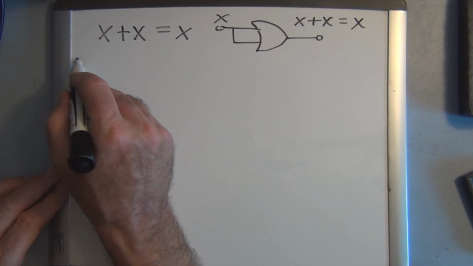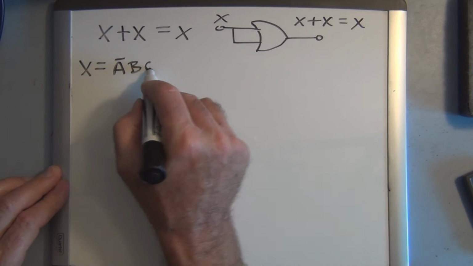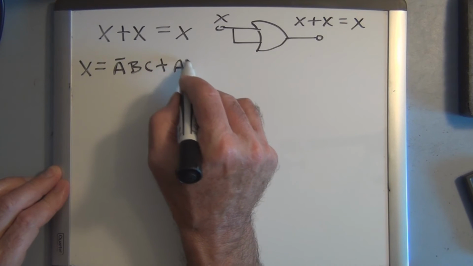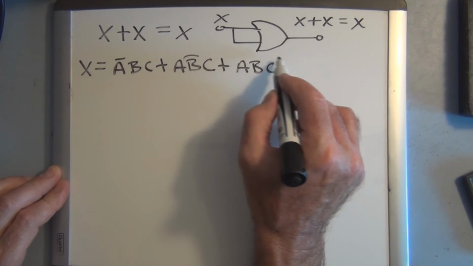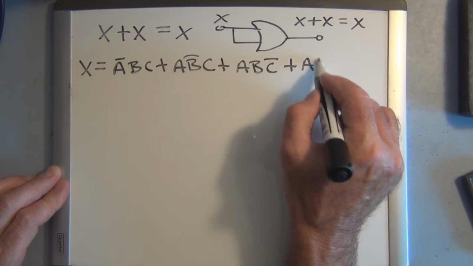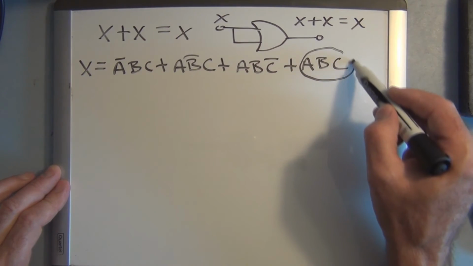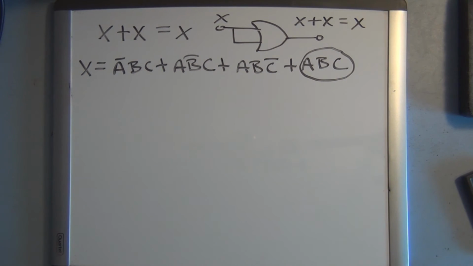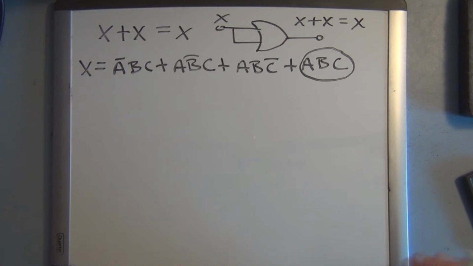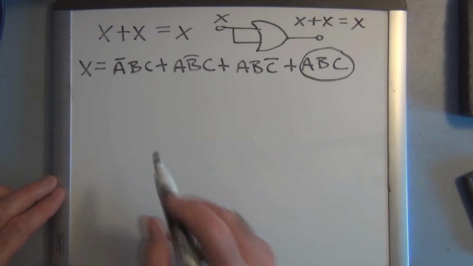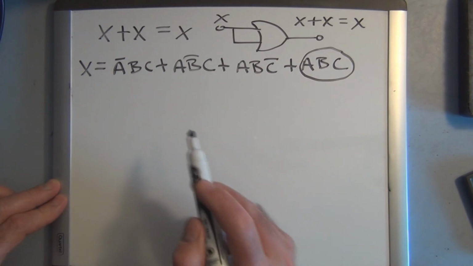The original expression is X equal to A naught BC, or together with A B naught C, or together with A B C naught, or together with A B C. So we can double up this last term, adding multiples of that without changing the expression under the rules of Boolean algebra. This last term has 2 variables in common with each of these other terms.